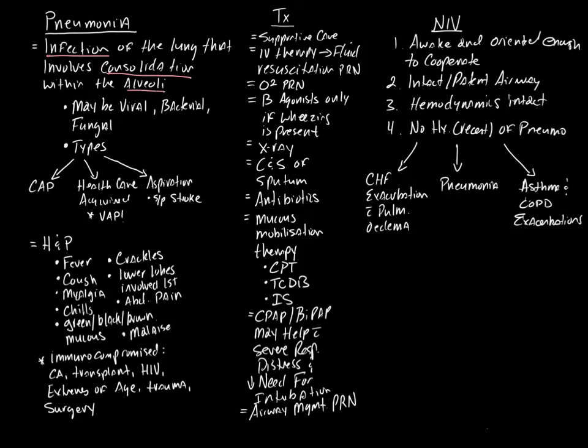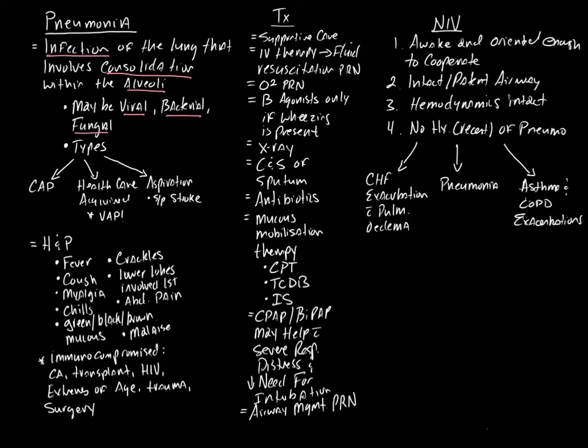So within the alveoli, that's where the problem is, within the parenchyma of the lung. Okay, it could be viral, it can be bacterial, it can even be fungal in some cases. And these organisms take up residence, right? They begin to multiply, and then they trigger a whole cascade of problems.